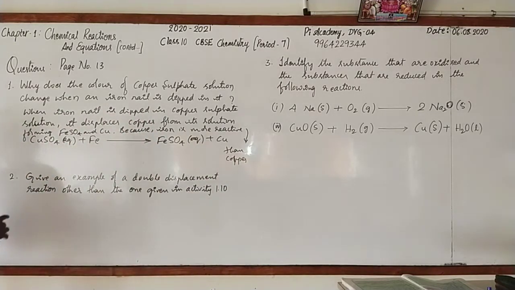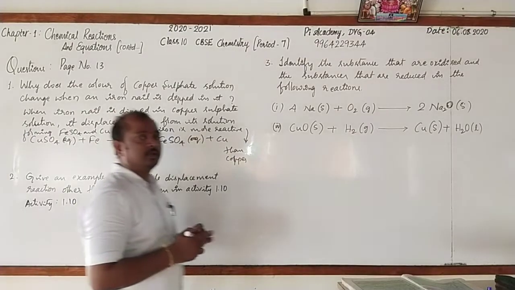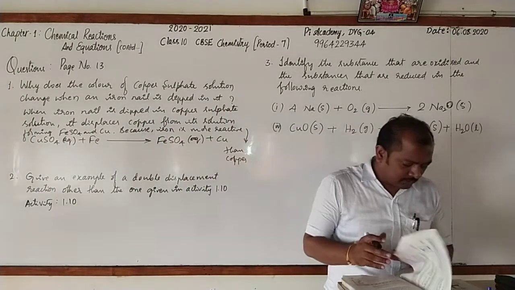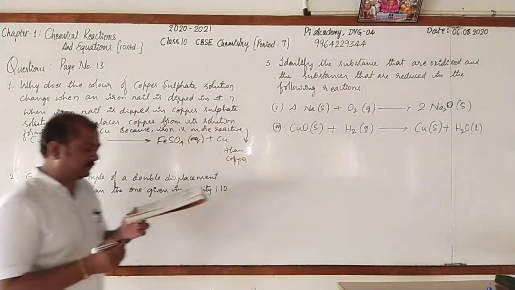Next, observe. Give an example of a double displacement reaction other than the one given in activity 1.10. So now let's go through the activity 1.10. It has been given like this.